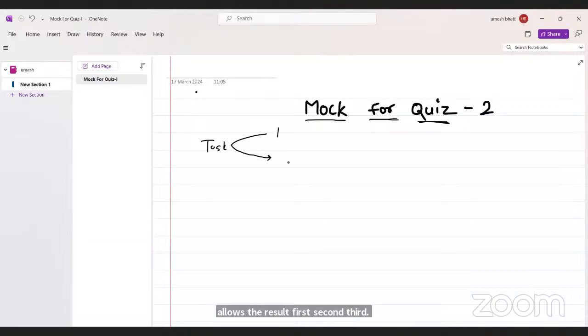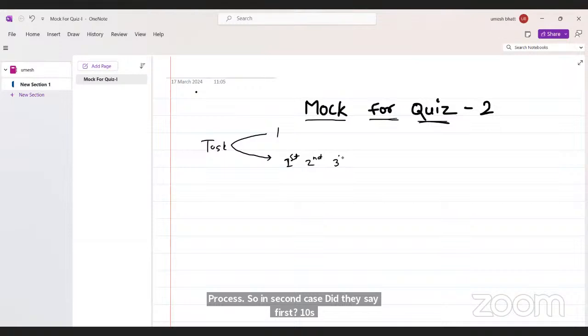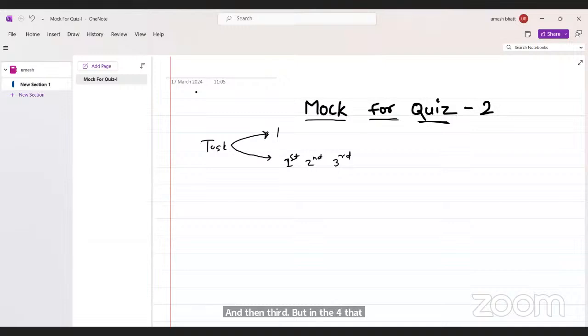In the second case they decide the first person, then the second, and then the third. But for the four persons selected for the next round, they just select four people in one time.